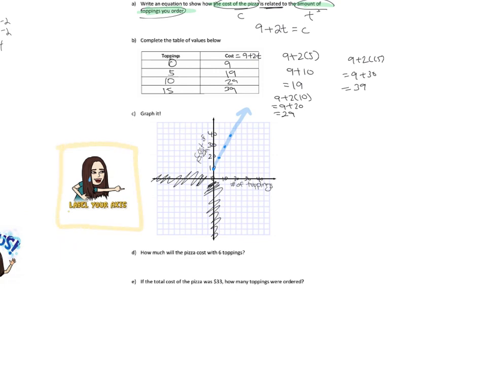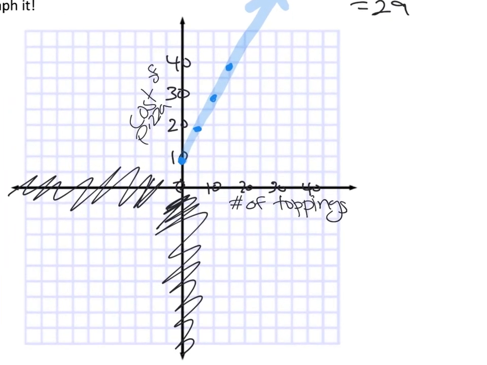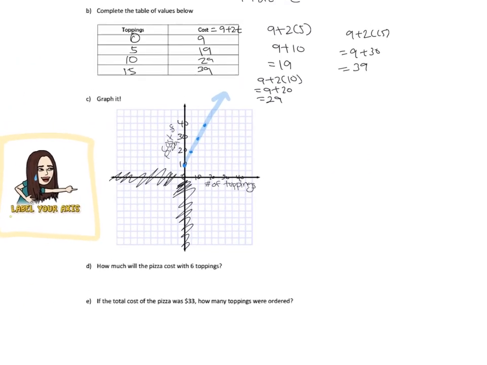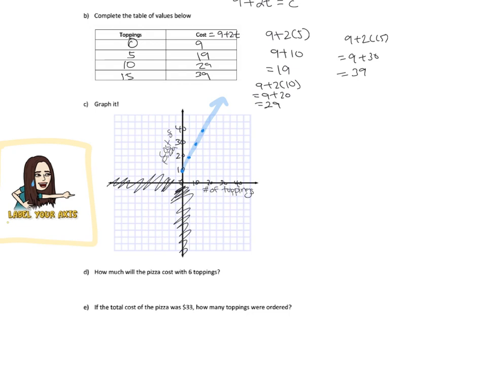Label your axes. This is important. So how much would it cost for 6 toppings? I'm going to go to my graph and read it. The x-axis is where it tells me the number of toppings. I'm going to go to 6 and move up to my graph, and it looks like it's going to cost me just over $20. So I'm just going to say for this question, it will cost me approximately $21.